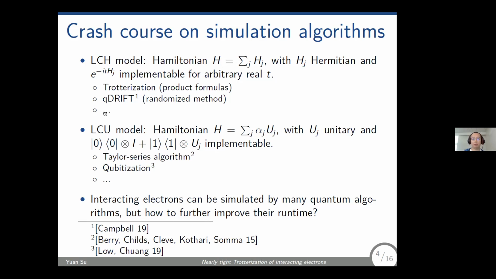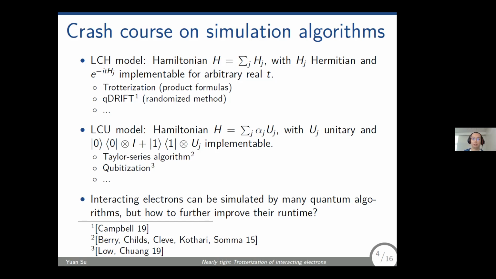There's another common model, sometimes called the LCU model, where the Hamiltonian is given as a linear combination of unitaries, and those unitaries can be efficiently controlled on a quantum computer. So the controlled version of the unitaries can be implemented on a quantum computer.